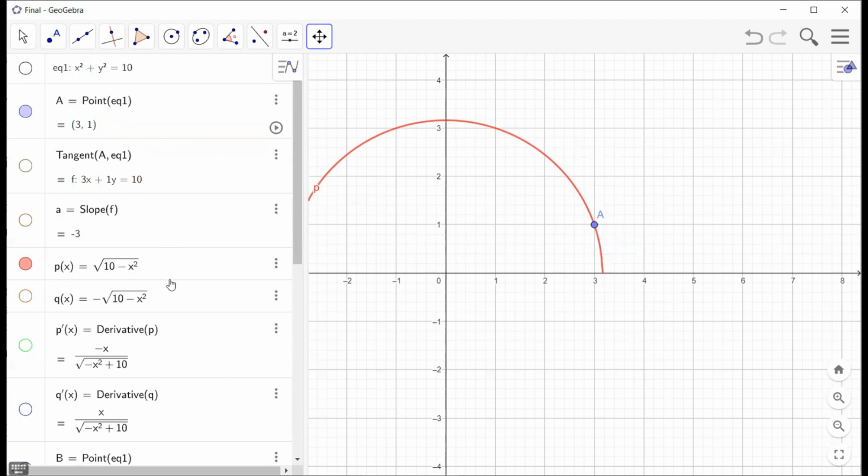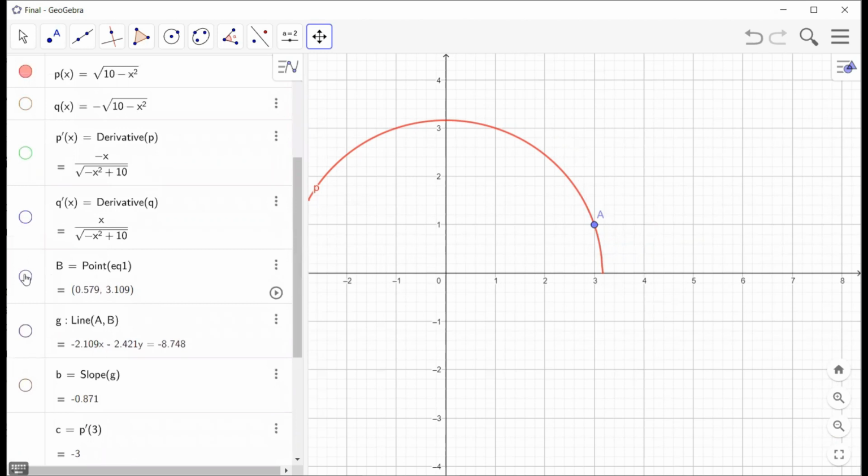If we choose another point on the curve, like B, and we can make this point move on the curve like this, and if we draw the line AB like this, and if A equals (x1, y1), B equals (x2, y2), and we calculate y2 minus y1 over x2 minus x1, that means we will get the average rate of change from A to B. And this means the slope of the secant AB.